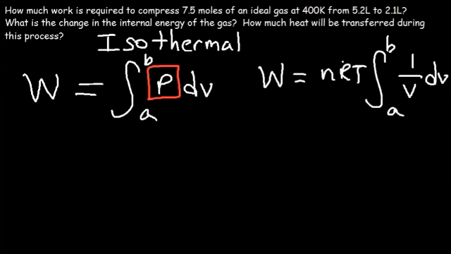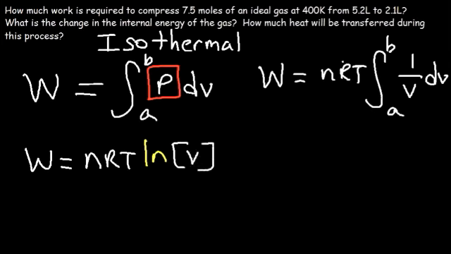So if the antiderivative of 1 over x is ln x, the antiderivative of 1 over V is going to be the natural log of V evaluated from position A to position B, which position A was the initial volume and position B was the final volume.